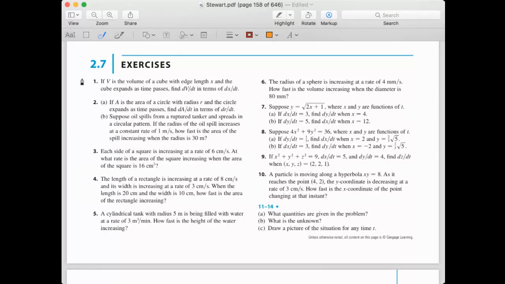Okay, the first one is interesting. Let's do 2, 4, 5. So to present next class.